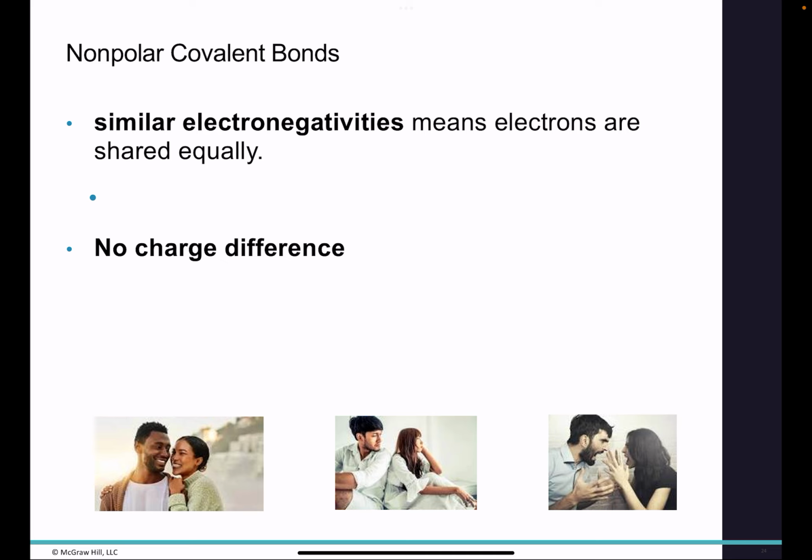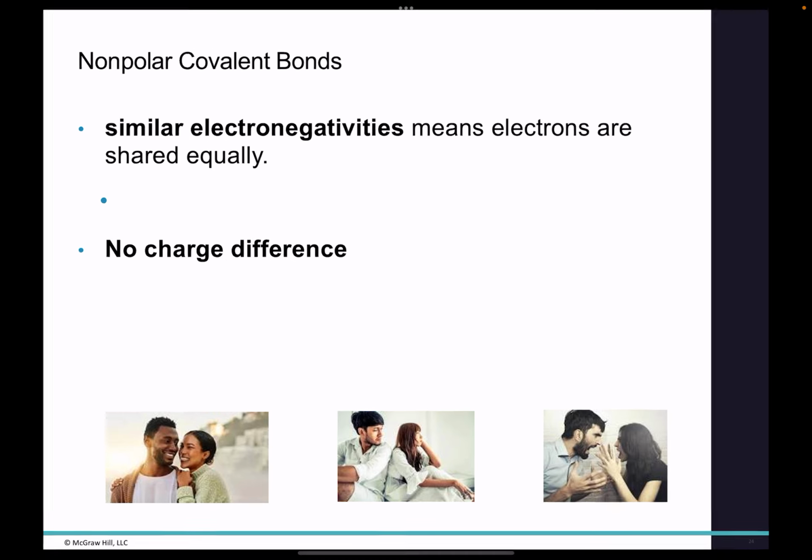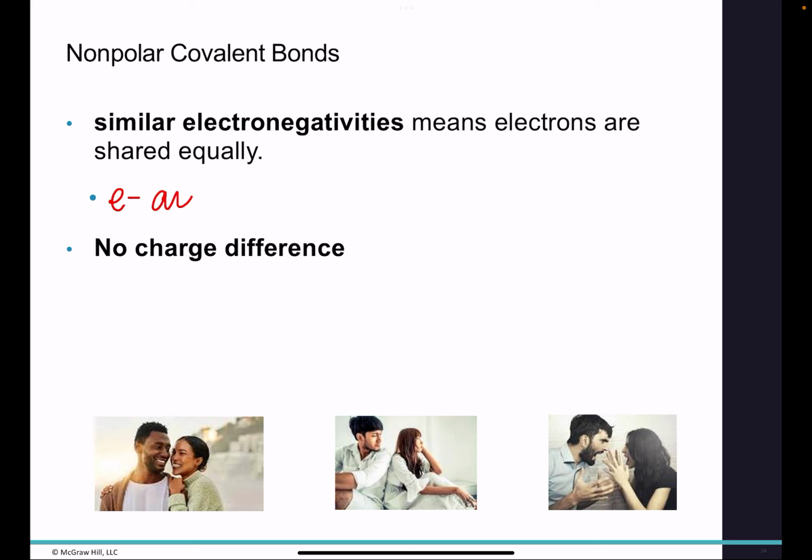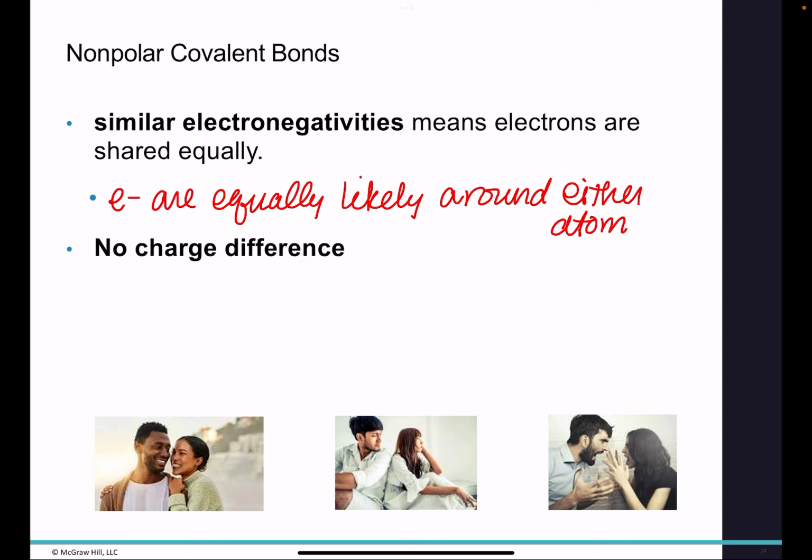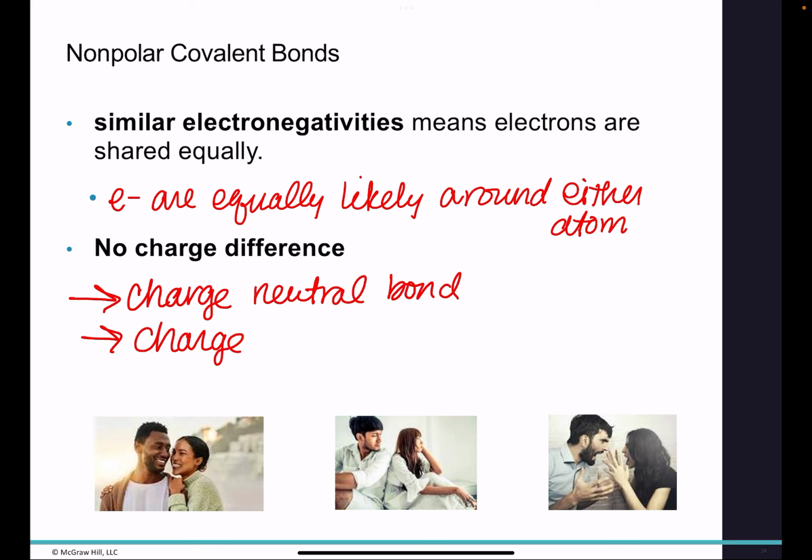So in a non-polar bond, we are going to have equal sharing, which means electrons are equally likely to be found around either atom. And what that's going to produce is a charge neutral bond and a charge neutral molecule.